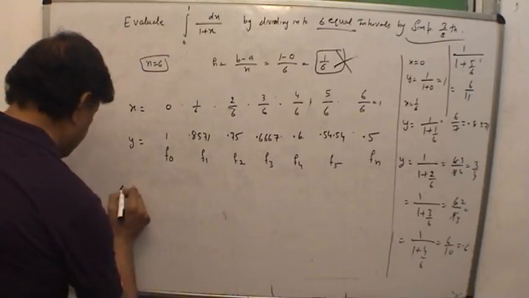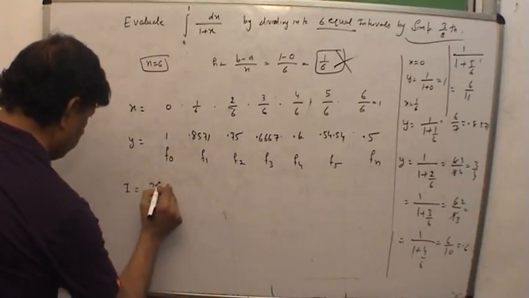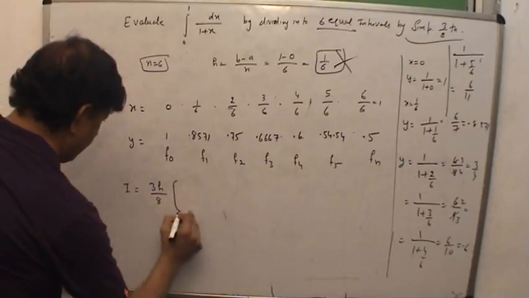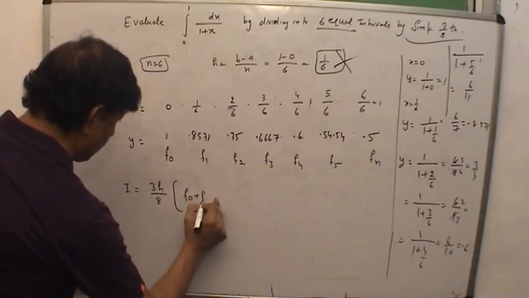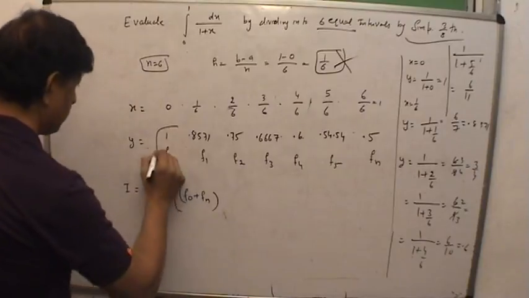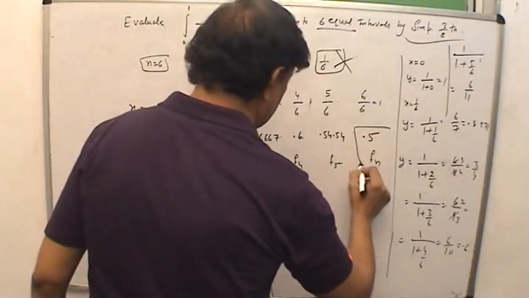That is, I is equal to 3h by 8 into the bracket: F0 plus F6. We select first and last.